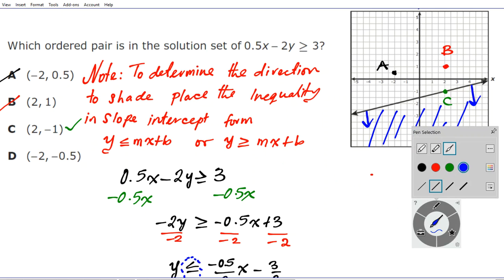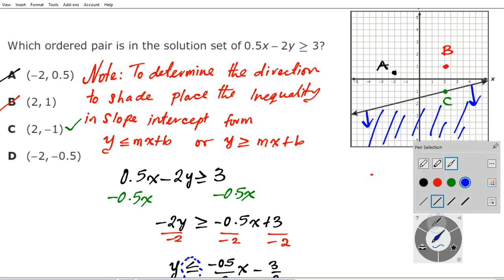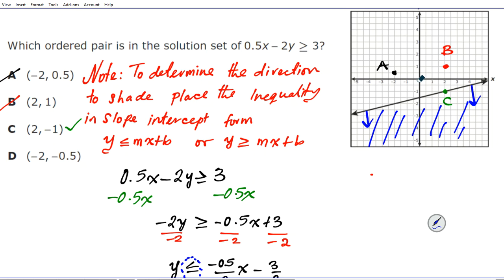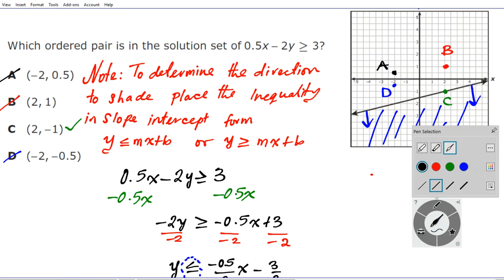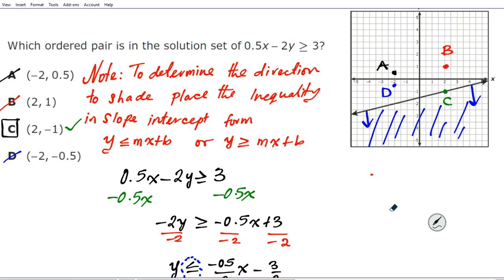Let's take a look at point D. Point D is negative 2, negative 0.5, which is right here. We can clearly see that point D is no good because it does not fall on or beneath the line. So the answer to question 7 is option letter C. And if you want to verify, you can plug these points into this equation, and you will see that you end up with a true statement.